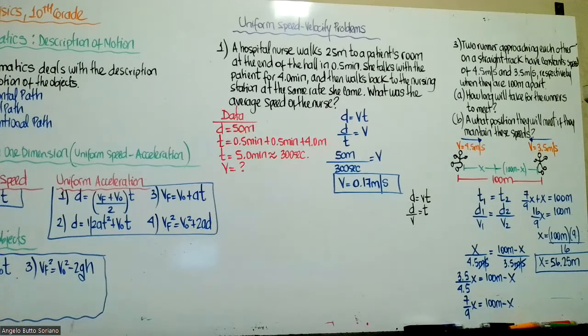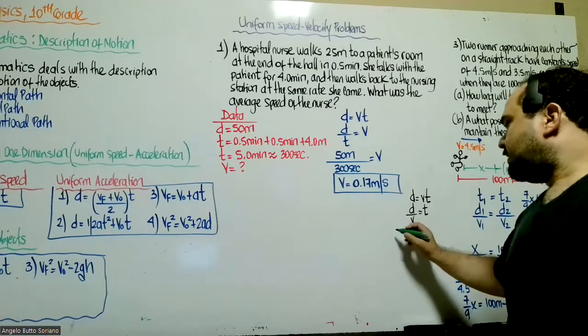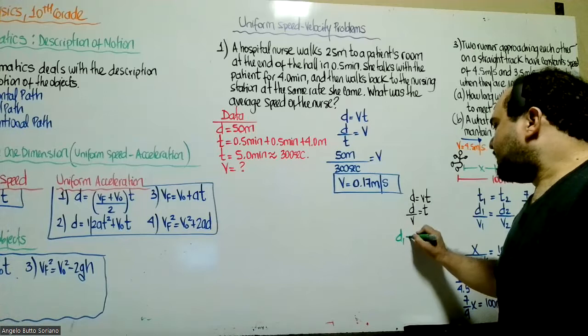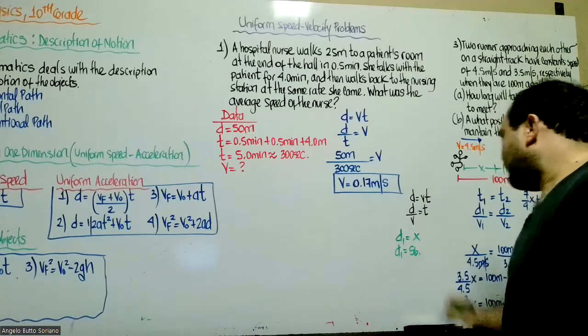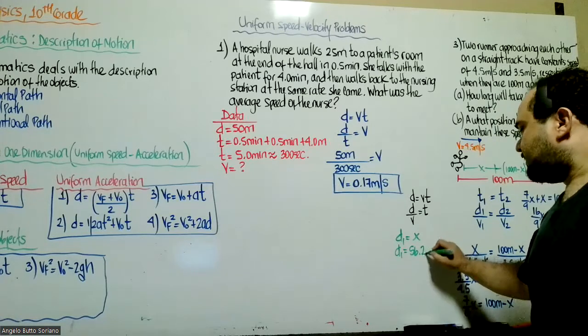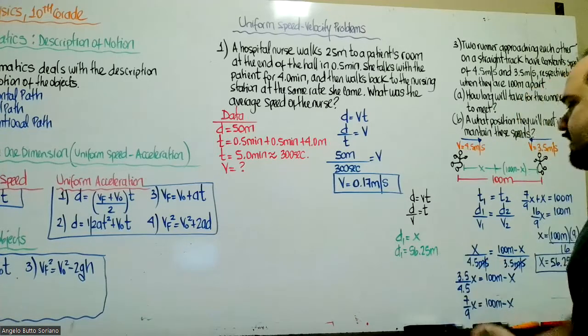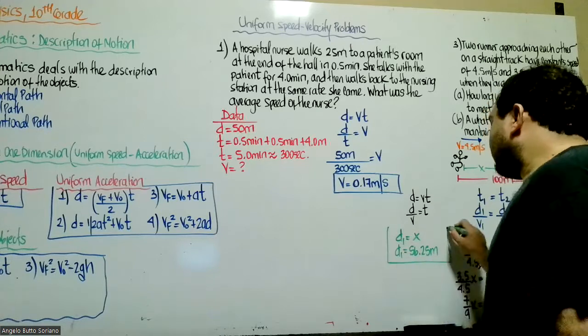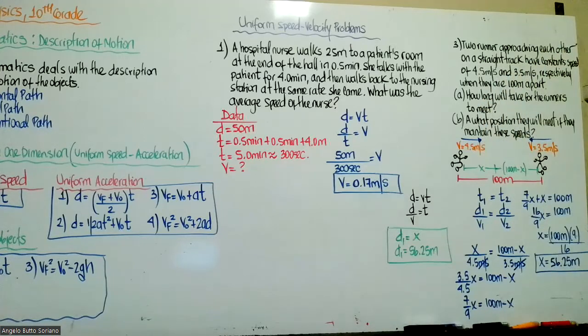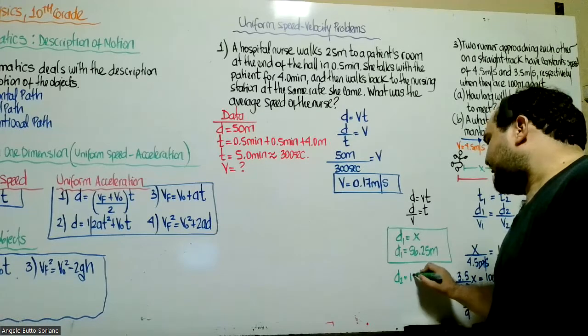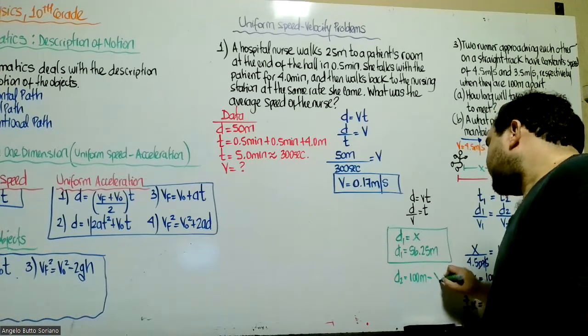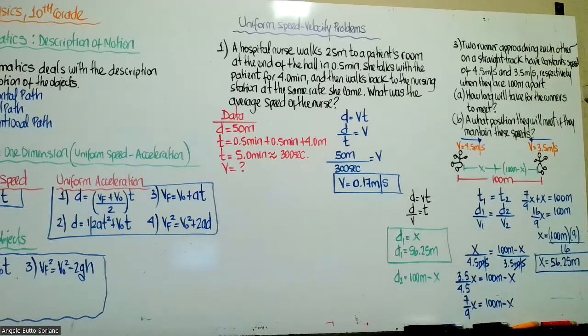So if we really want to establish what will be the distance number one, remember the distance of the runner number one is x, I mean 56.25 meters. Okay, this is the distance of runner one. And the distance of runner two, remember what the problem says, we had the 100 meters minus the distance moved by the runner number one.